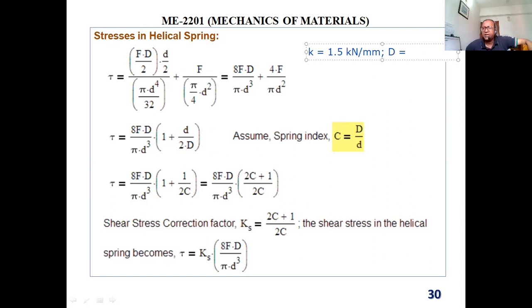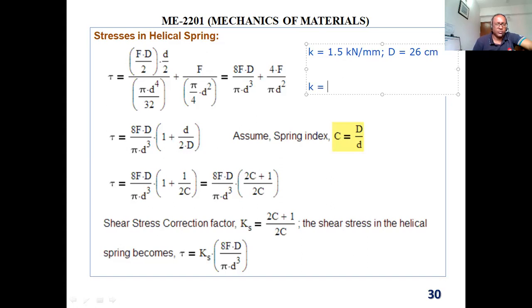Then with that data, you look at the website or handbook or catalog to see which company makes this kind of spring. Say your spring diameter is coming to 26 centimeter. Now you look at which one is the closest match.